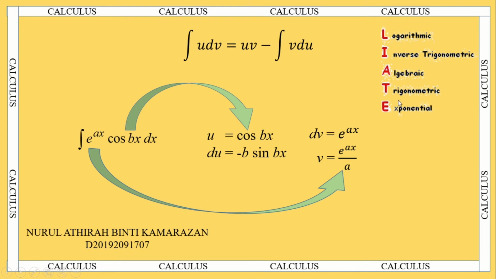Based on the layer table, e power of ax is exponential, cos bx is trigonometric. Trigonometric comes first before exponential, so cos bx will be u, e power of ax will be dv.